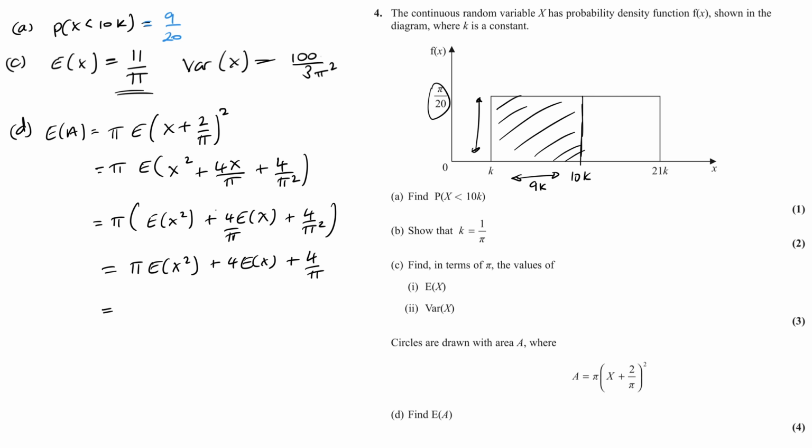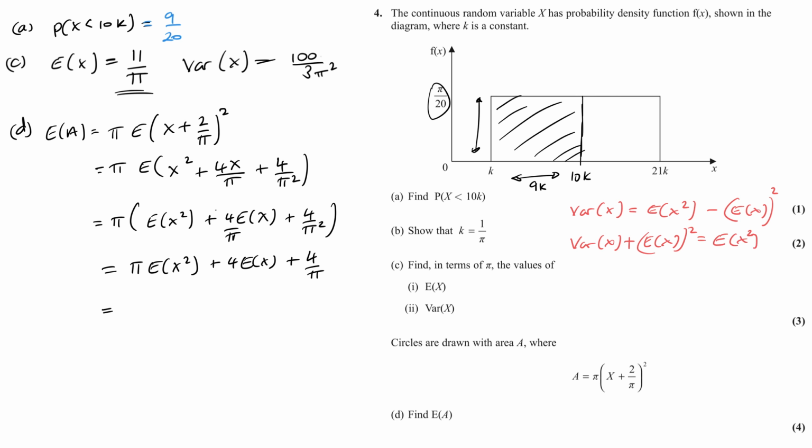So popping over, I'm just going to go into red over the side here. Remember that variance of x is E of x squared minus E of x, all squared. So variance plus E of x squared is equal to this.